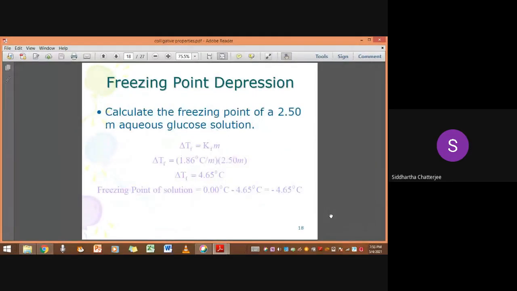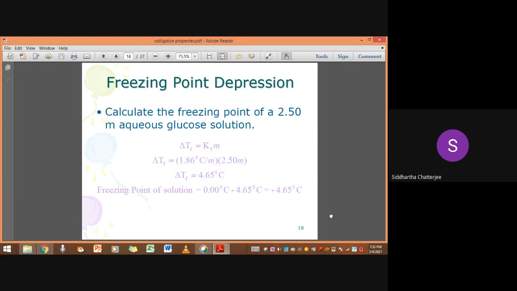Then the same thing for freezing point depression: calculate the freezing point of a 2.50 molal aqueous glucose solution. Look here. Earlier, for the same 2.50 molal aqueous glucose solution, the elevation in the boiling point was hardly 1.28 degrees Celsius. And here the depression in the freezing point of the solution is going to be 4.65 degrees Celsius. Why? Because del TF is equal to Kf into m, and the value of Kf for water is 1.86 or so.